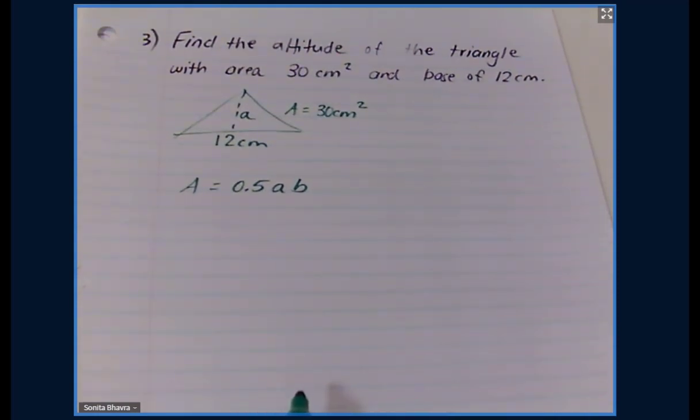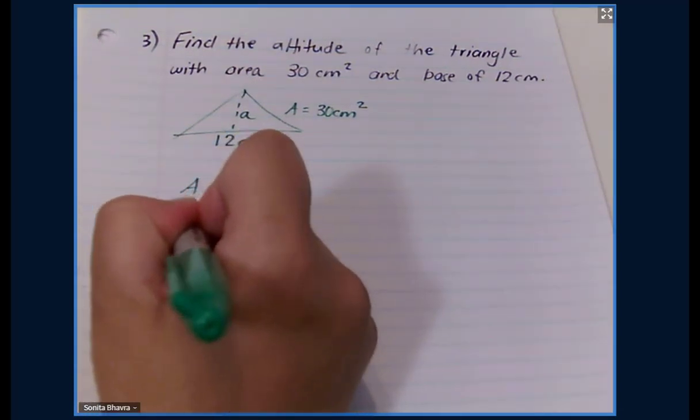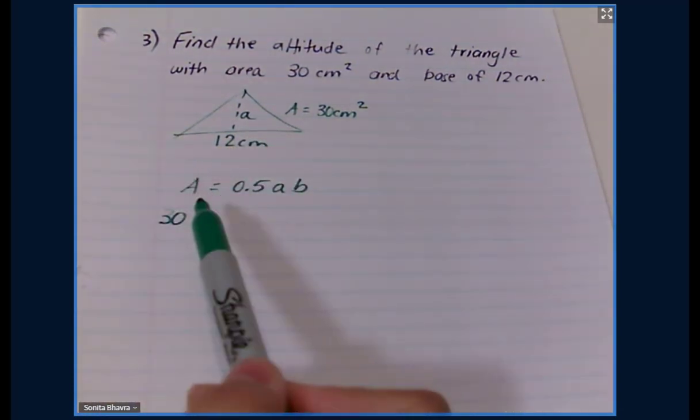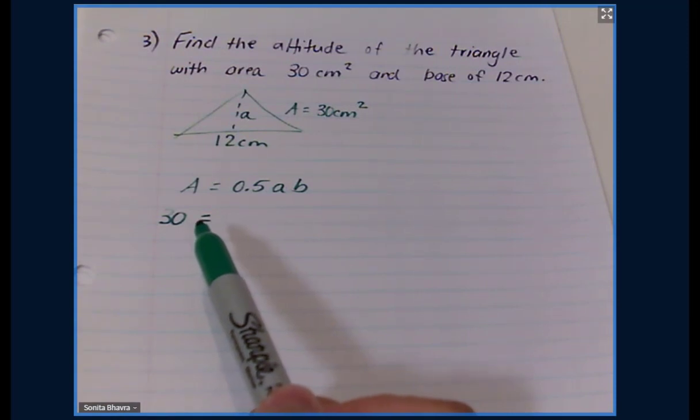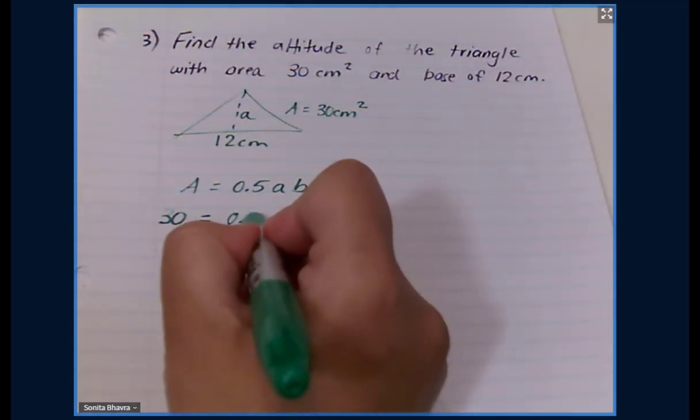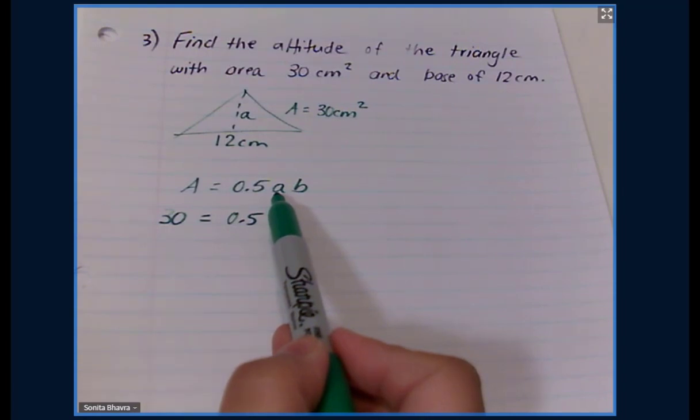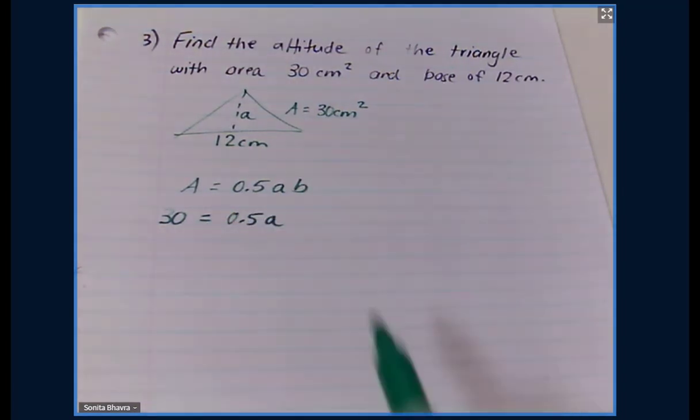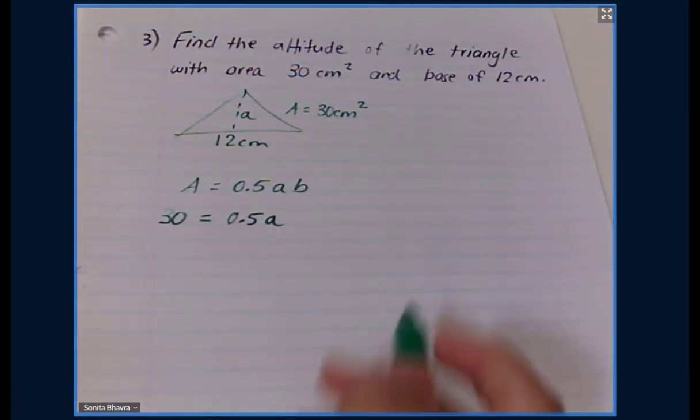All right, so I'm just going to start substituting what we know. We know that the area is 30, so I'm just substituting that in for capital A, which represents the area. Next is 0.5. Altitude is what we are trying to solve for, so I'm going to leave that as A. And then we know our base is 12.